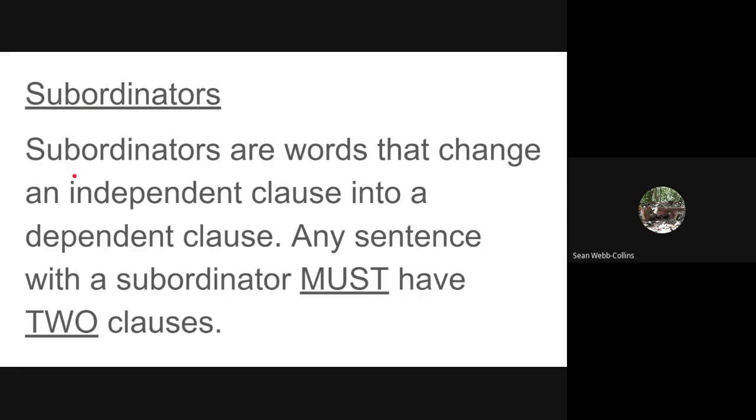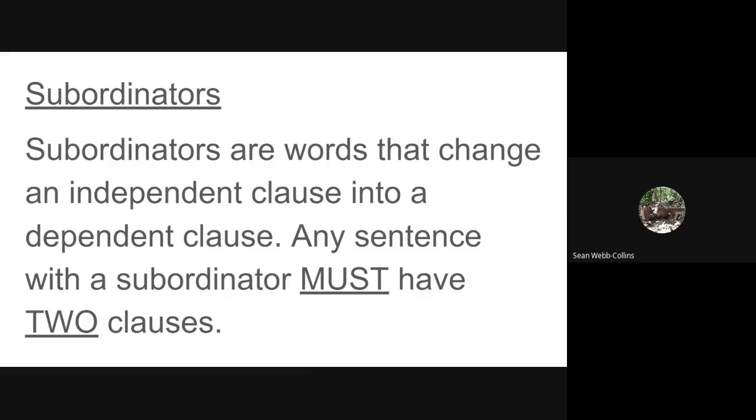We can also use subordinators for conditional senses. For example, if and unless are two common subordinators used for conditional sentences. And what is the last type of subordinator? Again, remember I mentioned this at the beginning of the presentation, and there are a lot of examples of this.